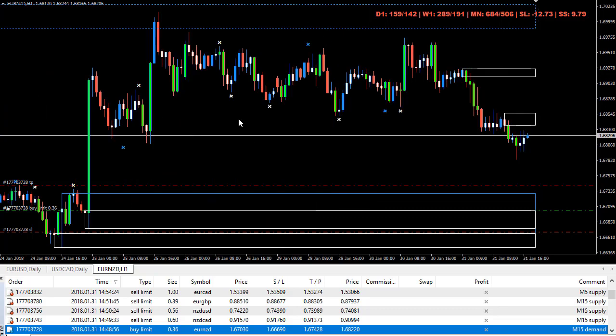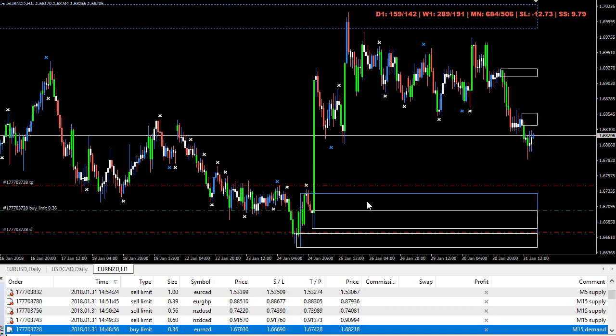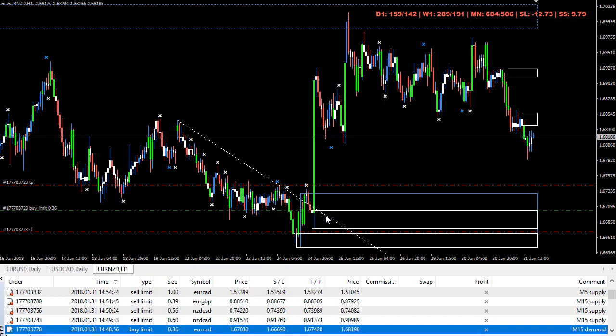If we have a look at this, we had a trend line going from here to here. Price came up, we tested this kind of mess in here, we came back down, and this area of demand here is responsible for causing market structure to fail and a lot of other stuff.